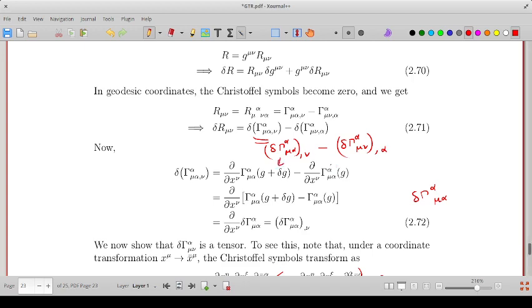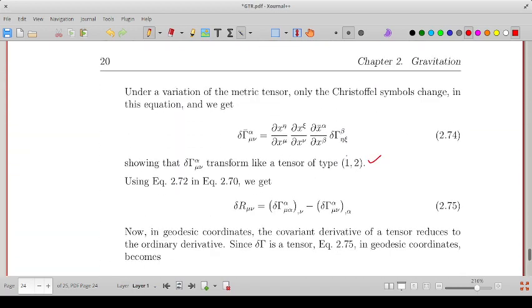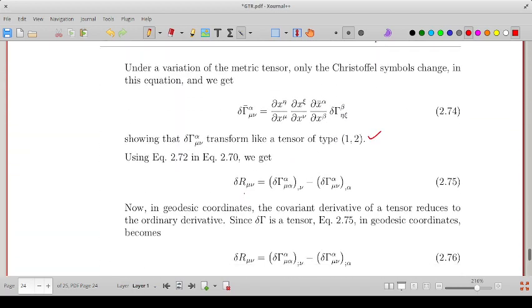Now this object inside is a tensor, as we have just shown, and this is also a tensor because this is the variation in the Christoffel symbol as a result of the variation in the metric tensor. So we have this equation: delta R mu nu equal to delta gamma alpha mu alpha comma nu minus delta gamma alpha mu nu comma alpha.